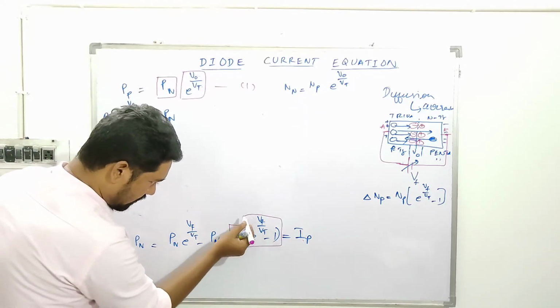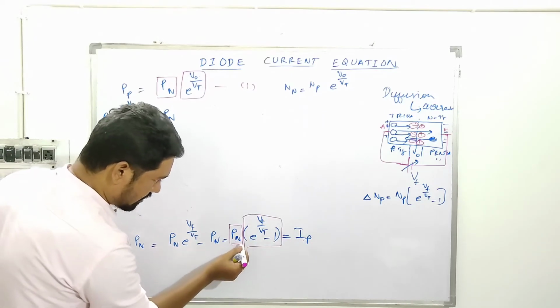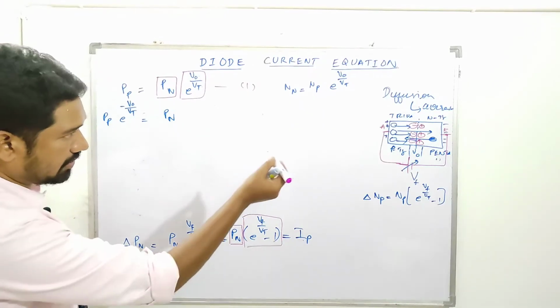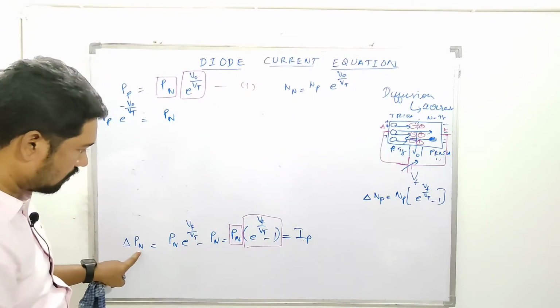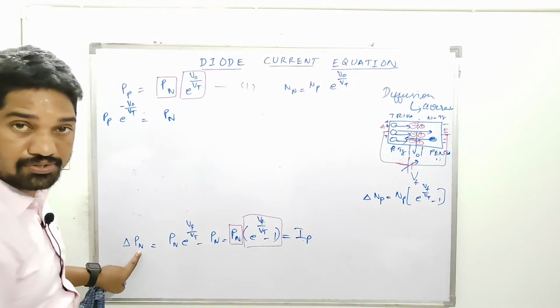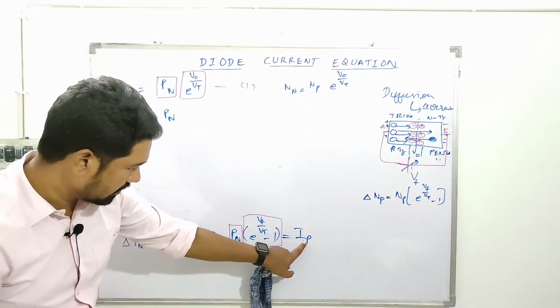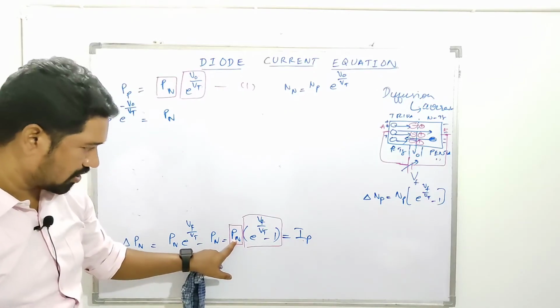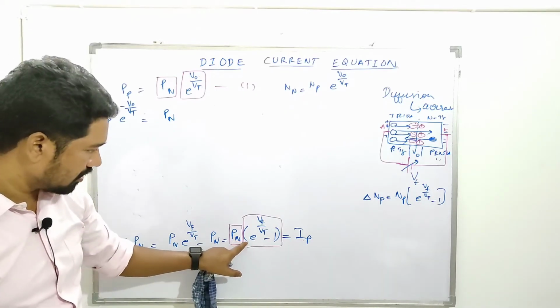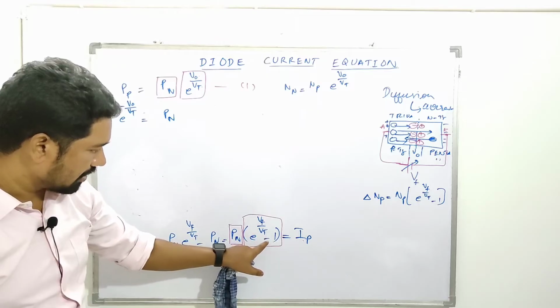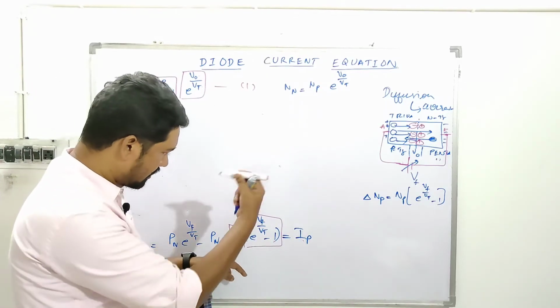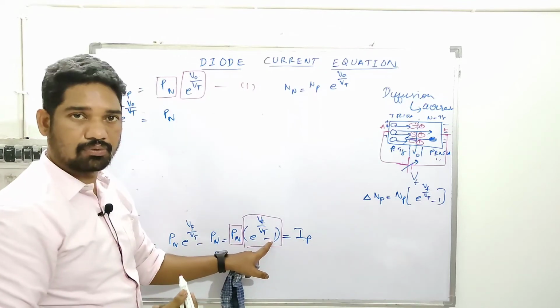Once again we will come across a similar product, even that has to be rounded for a current. So delta p_n is a diffusion of hole, and diffusion of hole constitutes a current, diffusion current, hole current. This product, charge concentration, number of holes in the n region into e raised to something minus, here we have minus 1, another time we may have minus 0, like that.